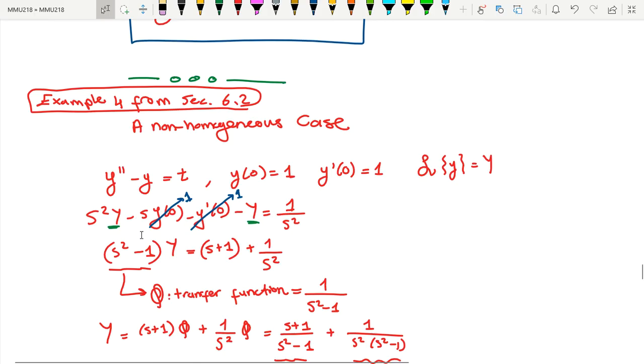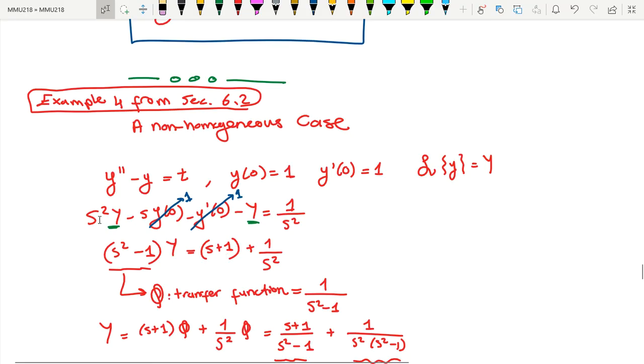Now, if you put the y double prime, actually s squared Y minus s y(0) minus y prime(0), and both of them are 1, you can take those ones to the right, and this is s in that case, and this is 1, and take it into minus parentheses, it's like minus (s plus 1), and when it goes to the right-hand side, it's 1 over s squared plus s plus 1.